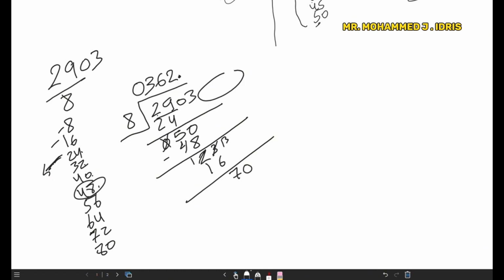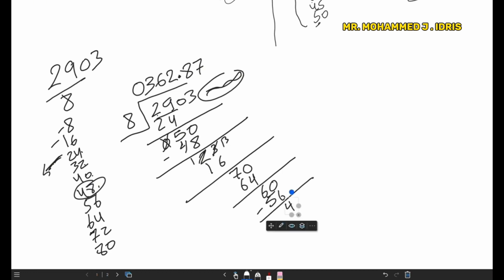So I can add a 0 in here, so it becomes 70. What's the closest thing to 70? 64, which comes from 8. Subtraction gives you 6. Another 0. I should add it here; I don't need to add it right here. 60, the closest thing to 60 is 56, which comes from 7. When I subtract, I get a 4.